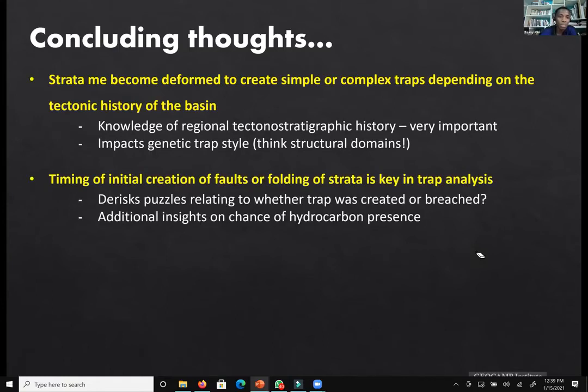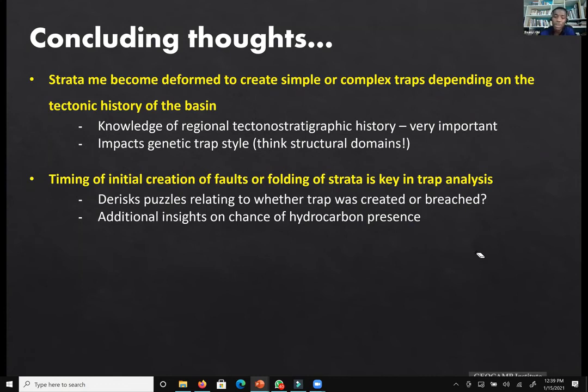Another takeaway from this is that the timing of the initial creation of fault or fold is key in trap analysis, because it helps us to know when or whether a trap has been created or breached, and when that happened, and then gives additional insights on hydrocarbon presence.